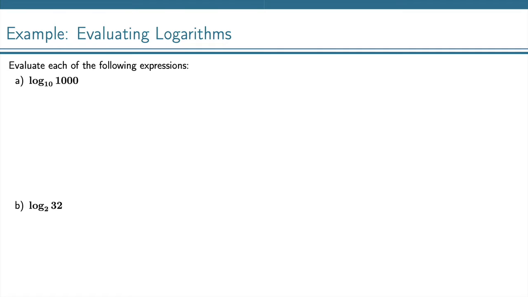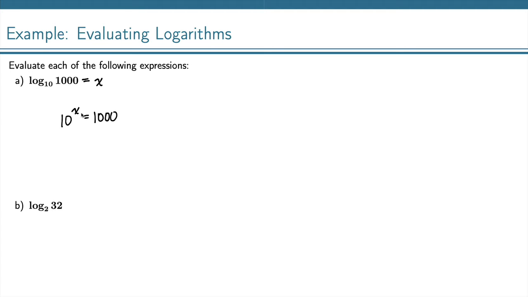Evaluate each of the following expressions. Log base 10 of 1,000. This expression we can evaluate by thinking of this in terms of exponentials. So what I like to do is to say I'm going to call this x, and then write this in exponential form, which is the base 10 raised to the x is equal to 1,000.